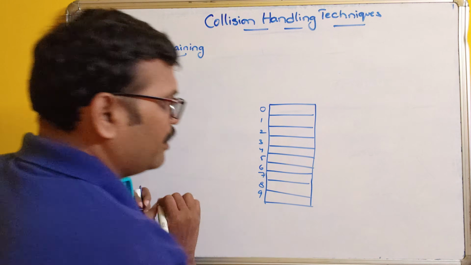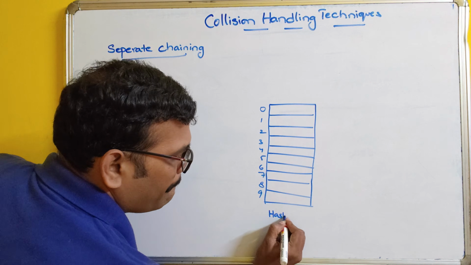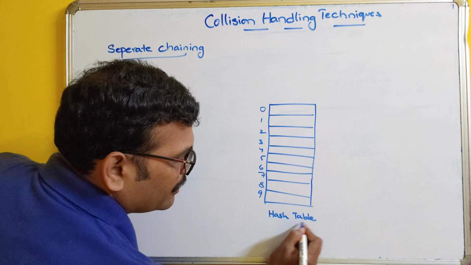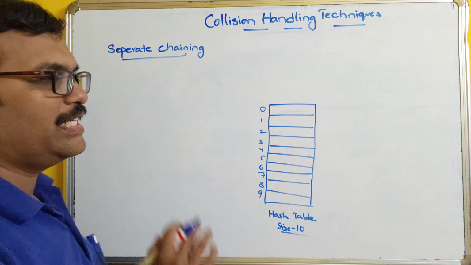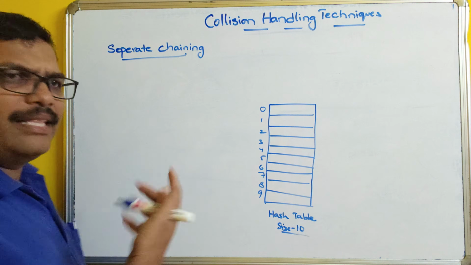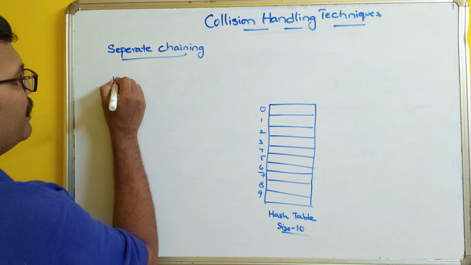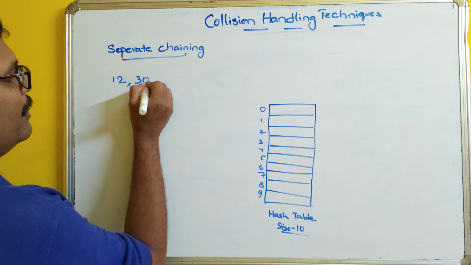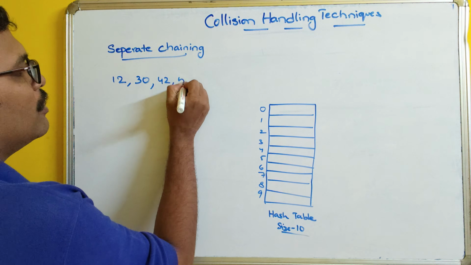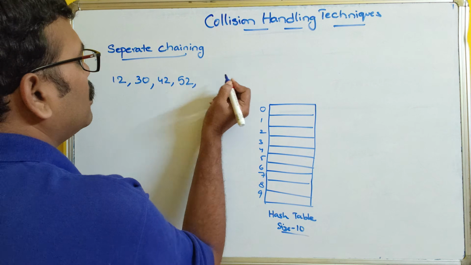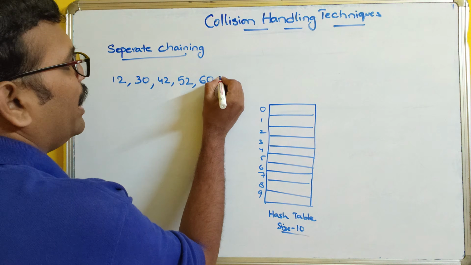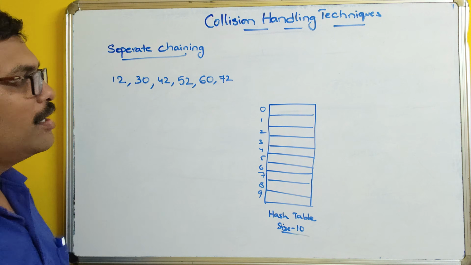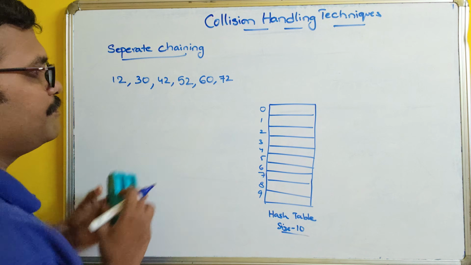So this is a hash table with size 10. We will take the same example, so let it be 12, 30, 42, 52, 60 and 72.